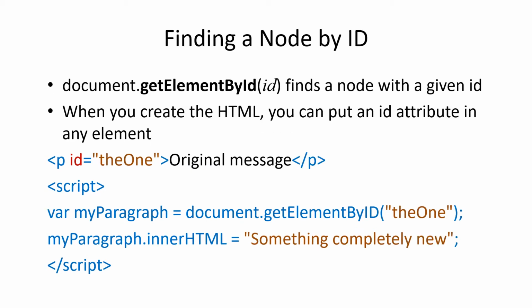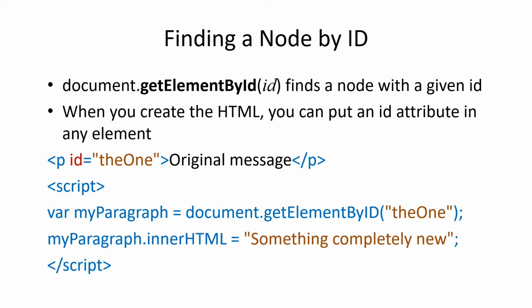There are several ways to find a node or to identify a particular node that you want to access by a JavaScript program. One of them is getElementById, which you can call on the document object. To do this, when you create the object in HTML, you specify an ID. In this example, the paragraph has the ID, the 1, along with some text here.